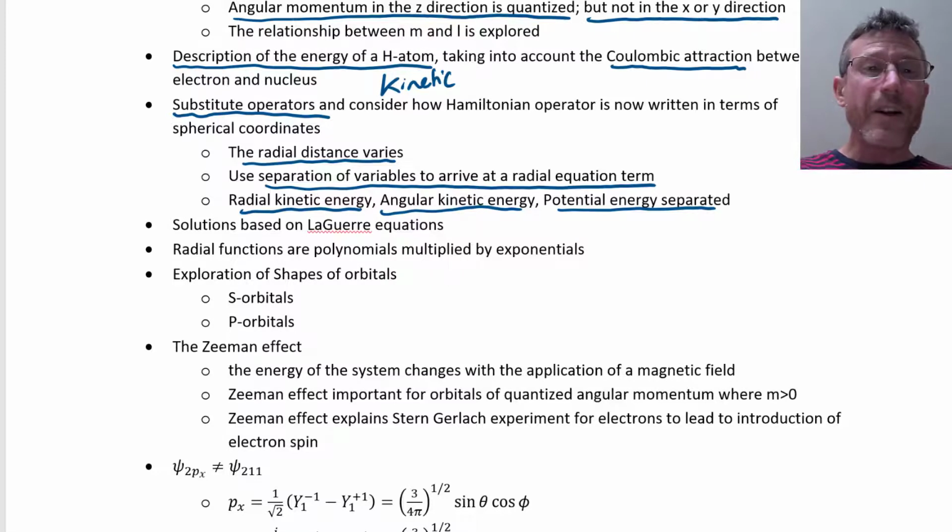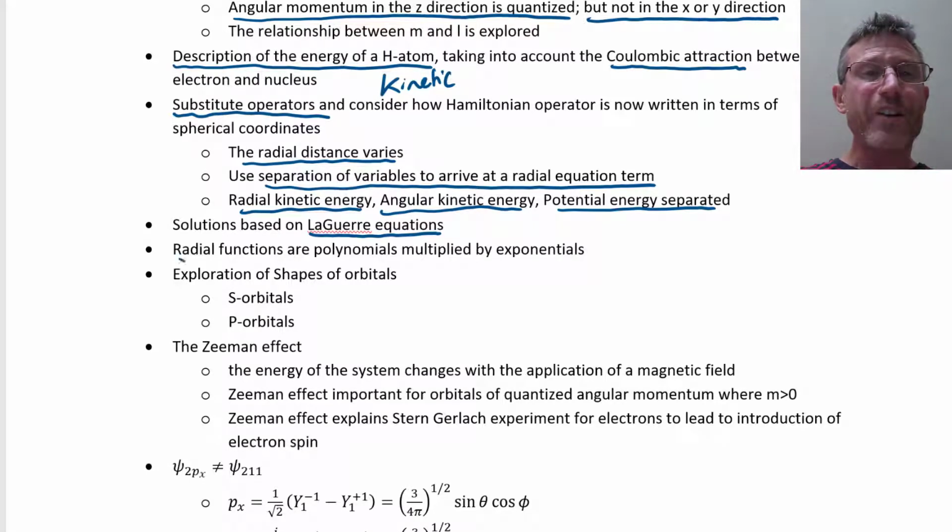But for the radial equation, we have the Laguerre equations. Again, it was a differential equation that we would not solve. It could not be solved within the scope of our class. We would, of course, later look at the solutions. We plug them into the Schrodinger equation and verify that it all made sense.